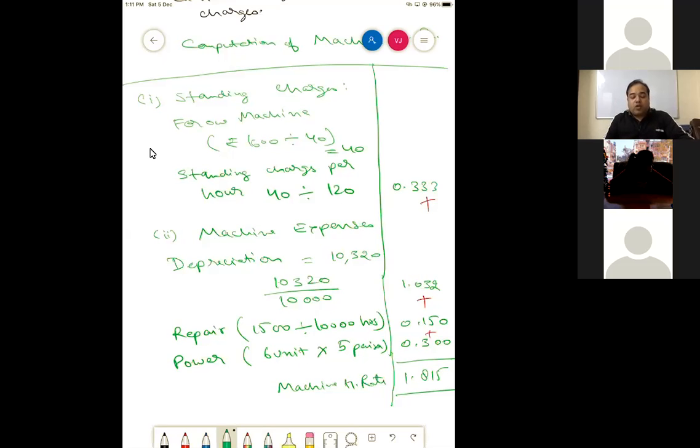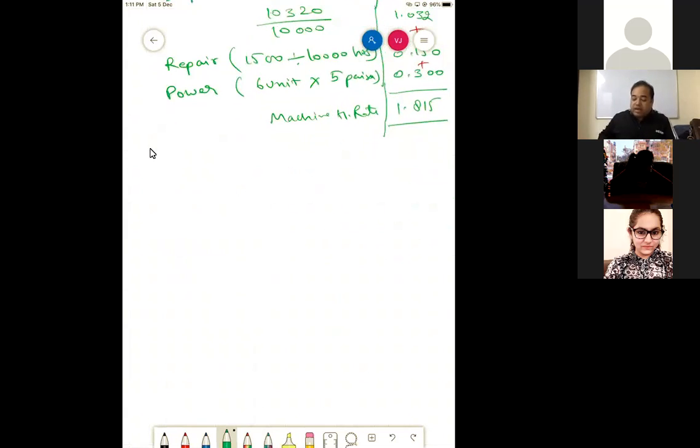Now you can note down what are the items that come under standing charges. Now should I move ahead? Yes, sir. Now, what are the items that come under standing charges? You can note it down there. Then we can discuss more questions tomorrow or day after tomorrow, if tomorrow is Sunday. What are the items? You note it down, like rent and taxes.